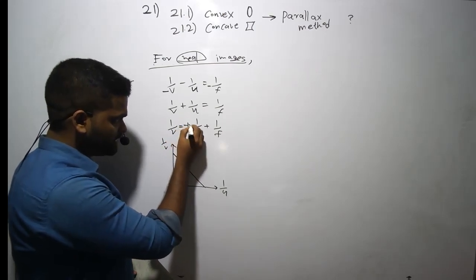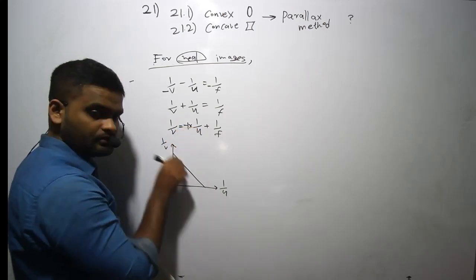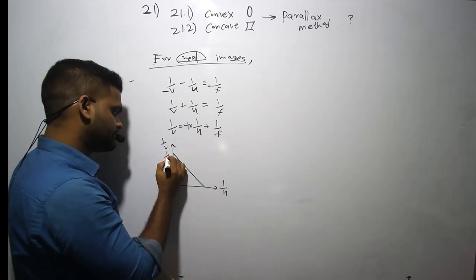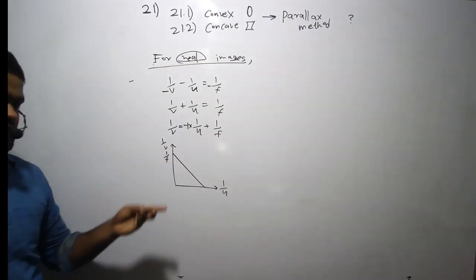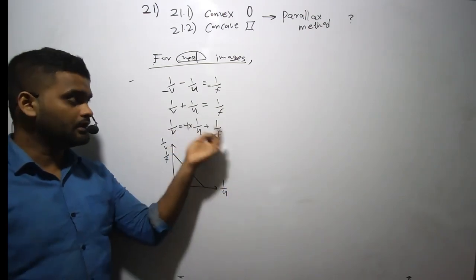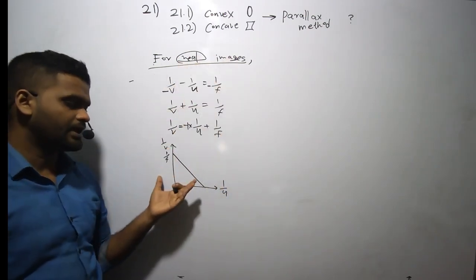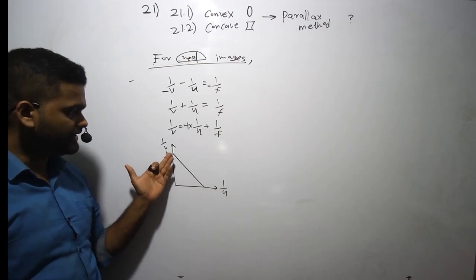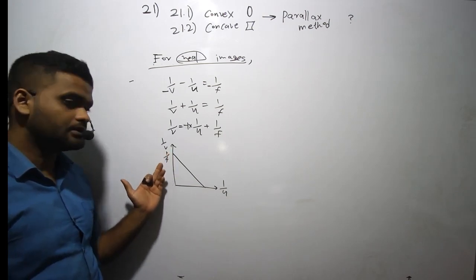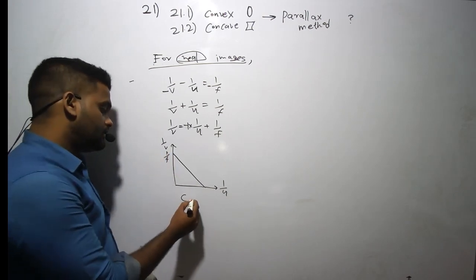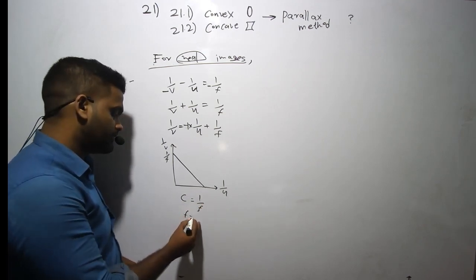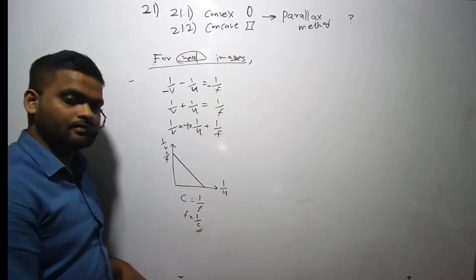The gradient is actually negative 1, and the intercept is positive. So as you are doing the experiment, if you only use real images, you can draw this graph, get the intercept, and figure out a value for the focal length, that is 1 over c.